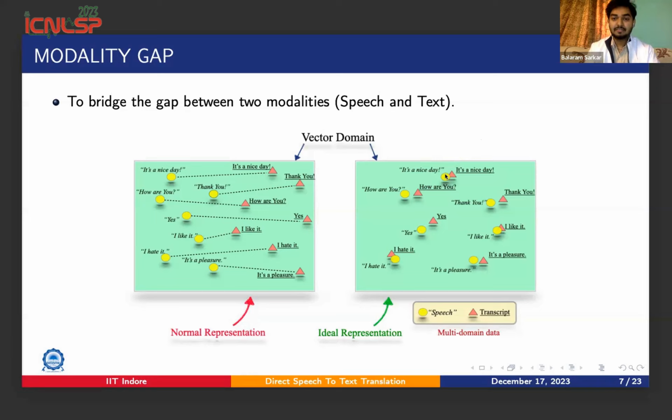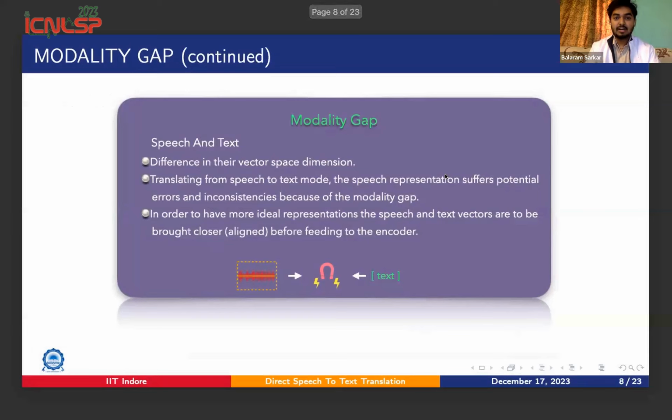And the negative pairs, which means that the speech and the text have dissimilar meaning, have to be mapped further away from each other. So this is what is called bridging the modality gap. Previous methods have also been trying to do this.